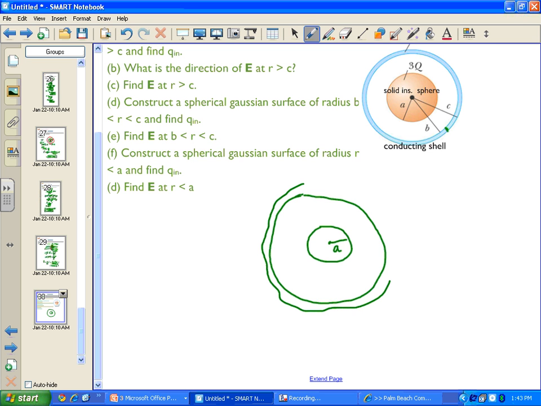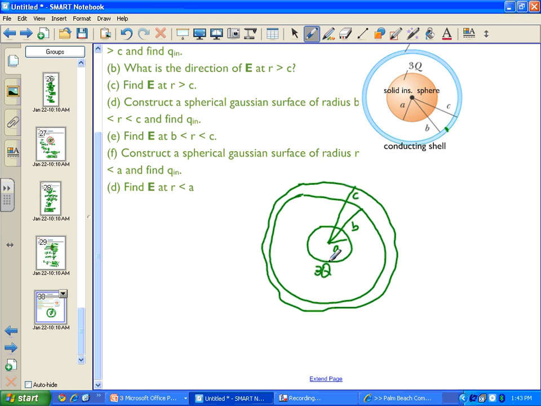So any charge must exist along the surface, but we have an inner surface b and an outer surface c. Now the total charge, we're told, on the solid insulating sphere is plus 3Q. And remember that the charge will grow as we move out from the center of the sphere to the surface, where it has the maximum amount of positive 3Q.